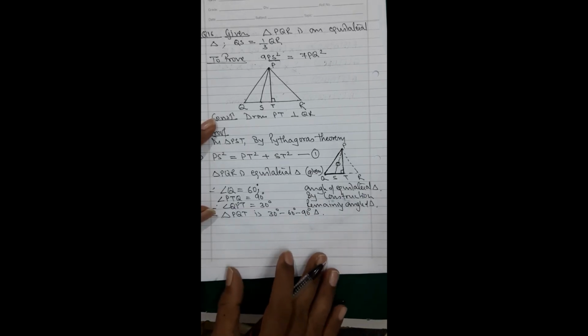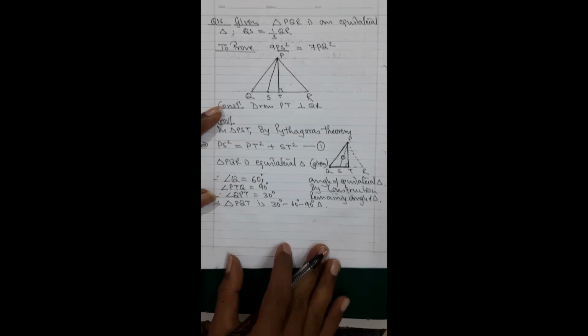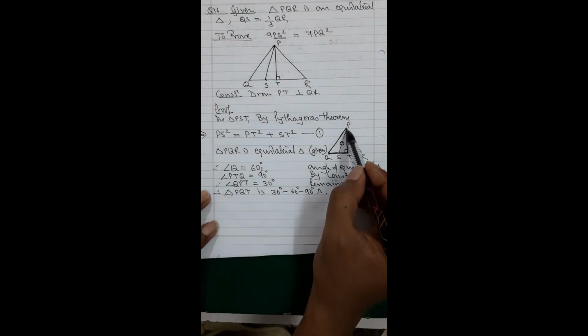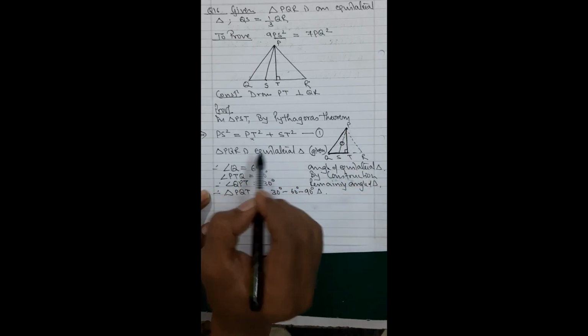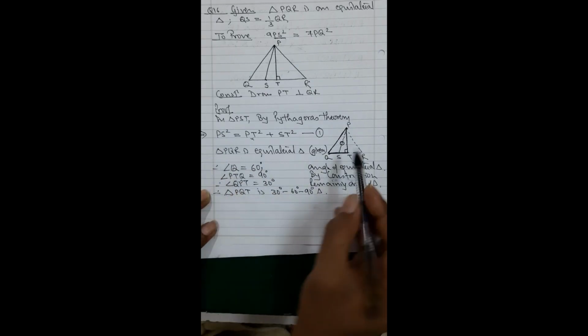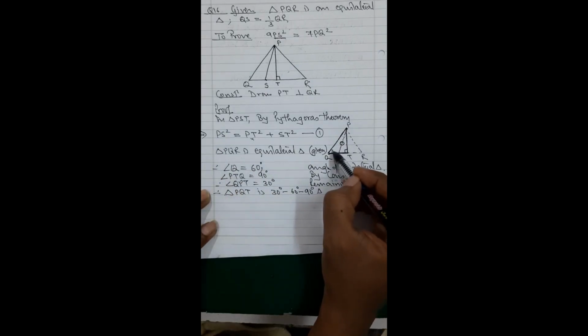Okay, my dear students. So now what is next? Next you have to find, instead of PT, you have to remove PT and get PQ. So PT is basically the side opposite to 60 degrees.